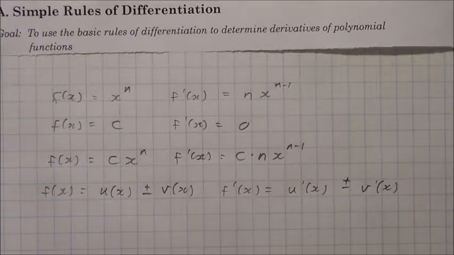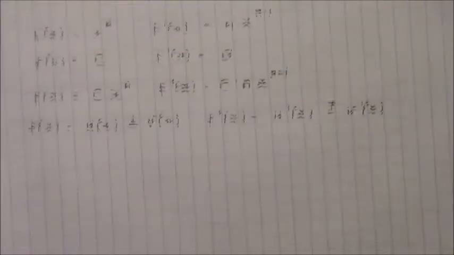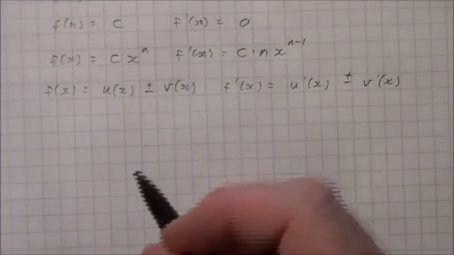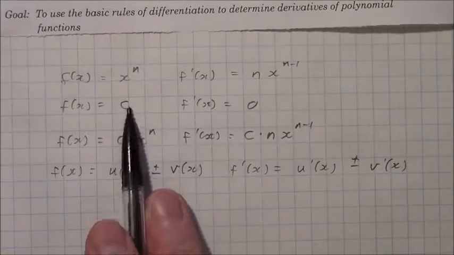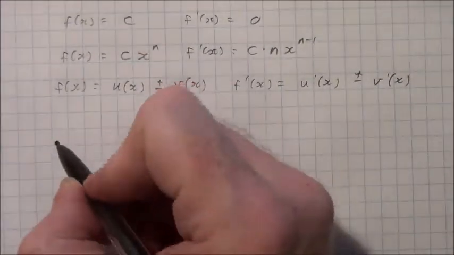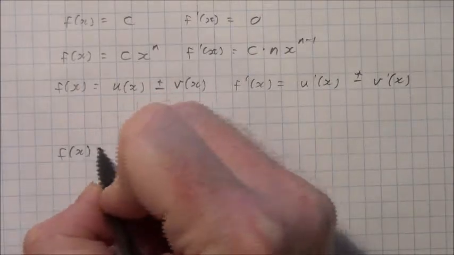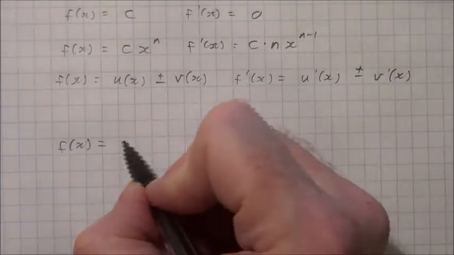Okay, so proofs are always handy to see in order to get the whole grasp of things. So let's do the constant first. Suppose our function is some constant c.